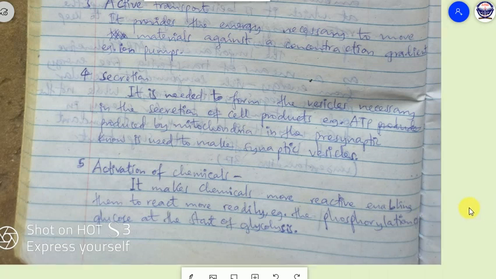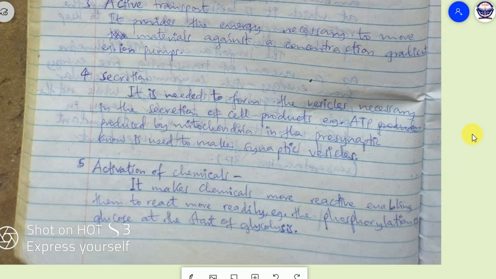Also, ATP is used in the activation of chemicals, such as in glycolysis. Before the process of glycolysis starts, we must activate the glucose molecule using ATP, which is called phosphorylation. So we activate the glucose molecule so that it will become more reactive.